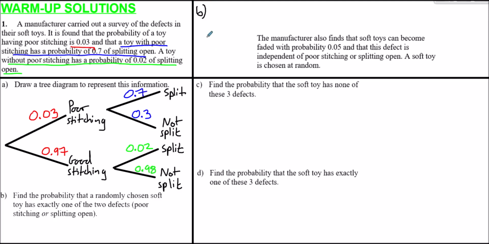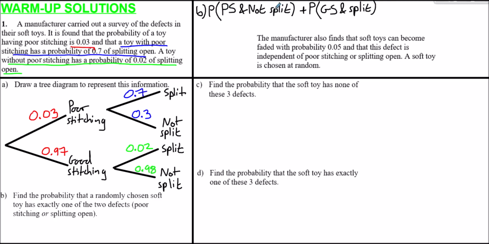So we want to work out the probability of poor stitching, just put PS, and doesn't split, that's one way it could happen. Or, which is plus, we need to add on the probability that it's good stitching, so that isn't a defect, and the defect is that it does split. So those are the two ways we could have exactly one defect.